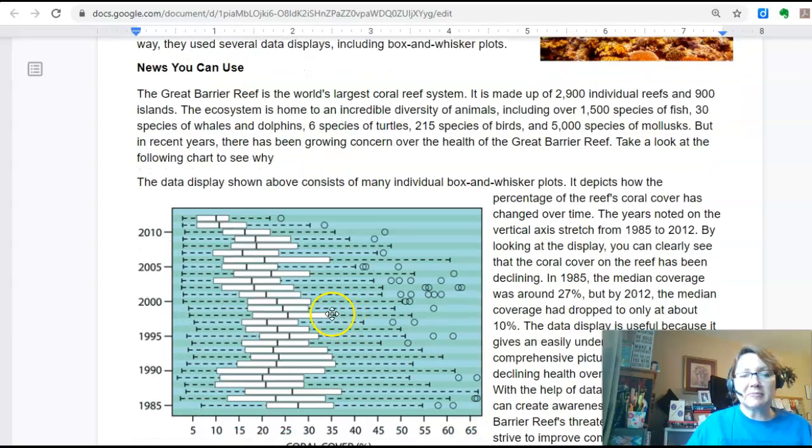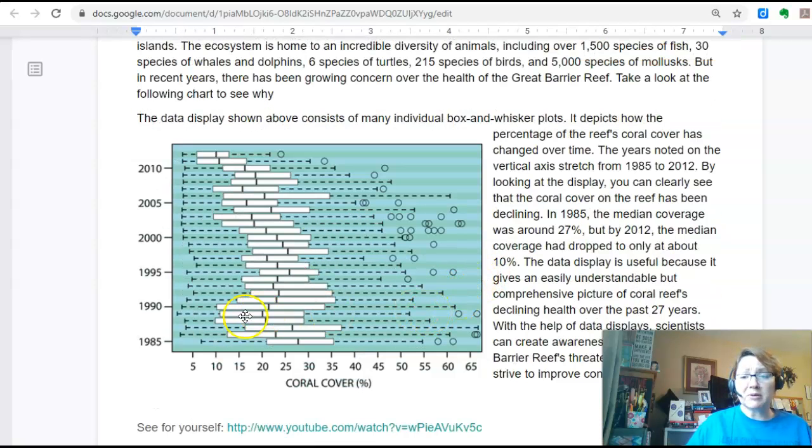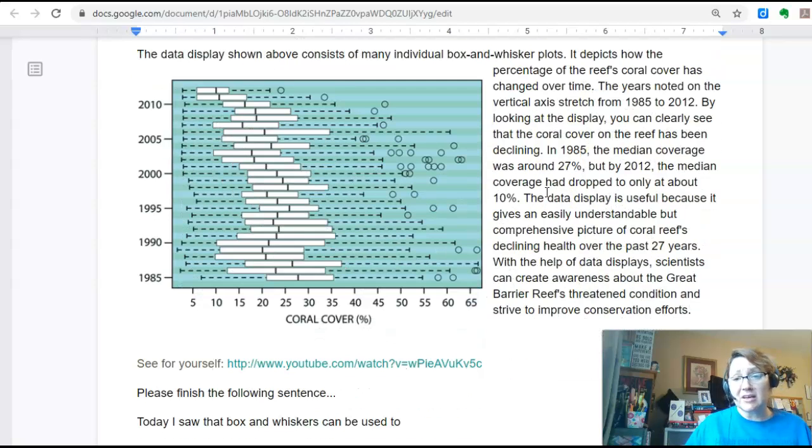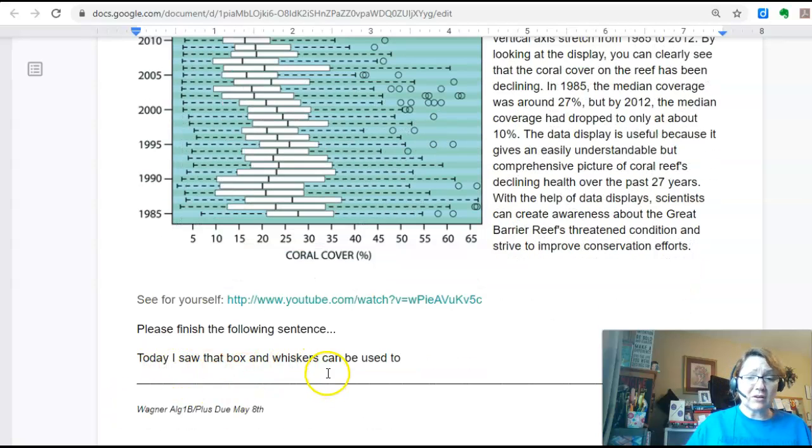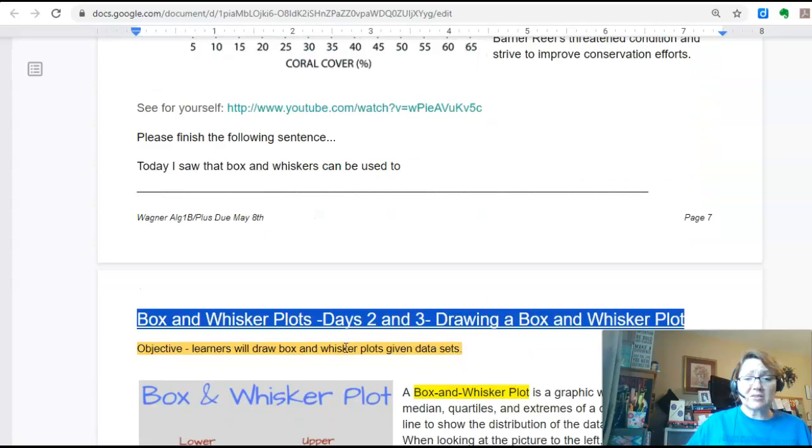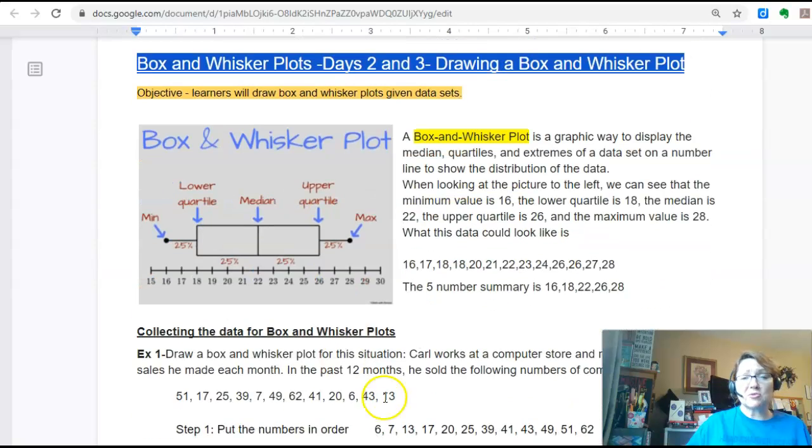Coral reefs actually help break down some pollution, so the fact that they're depleting is concerning, and scientists use this data to kind of show us how we need to protect our oceans. So go ahead and watch that a little bit. If you want to talk about how you can use a box and whisker in that way, I would like you to do that. So now we get through to the next page, which is the actual box and whiskers.